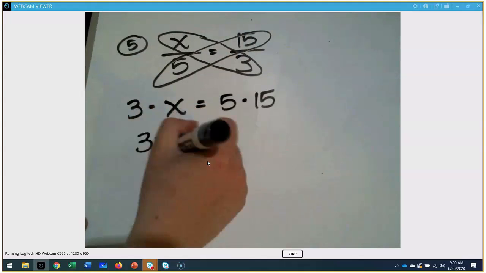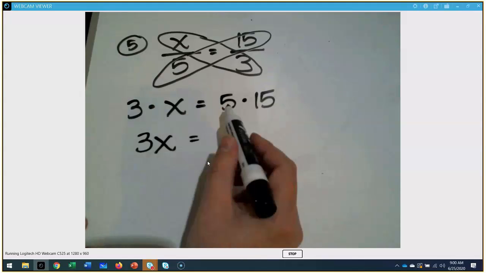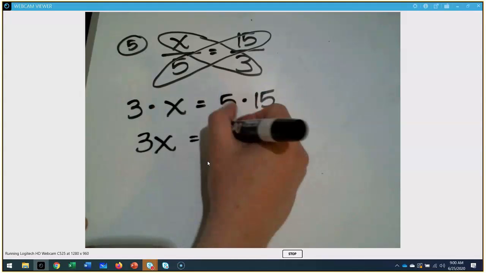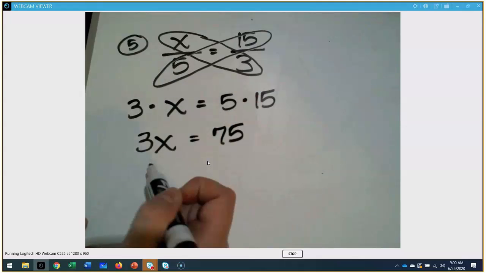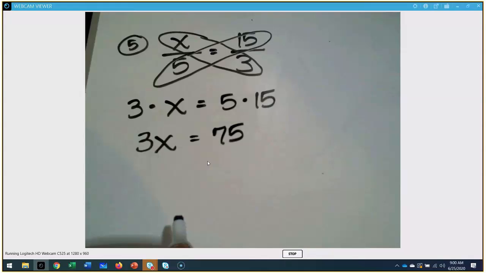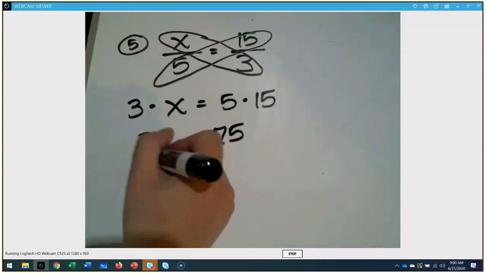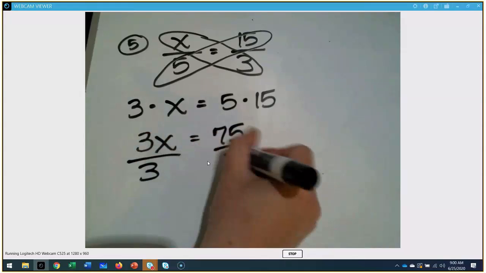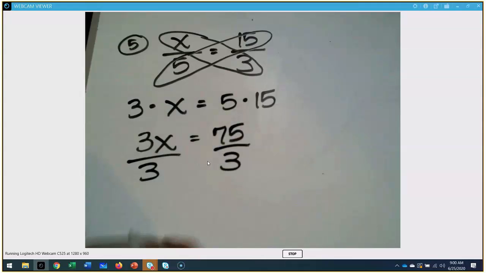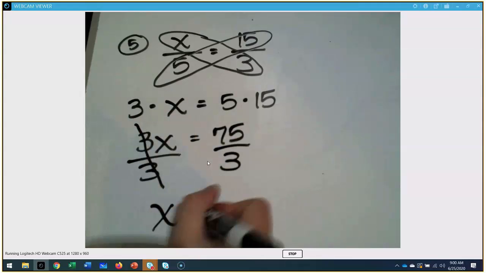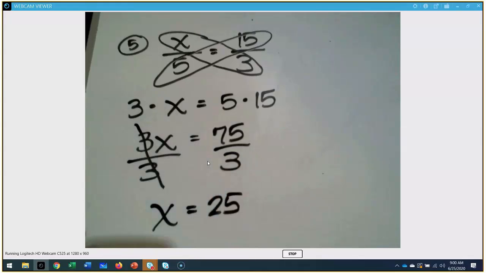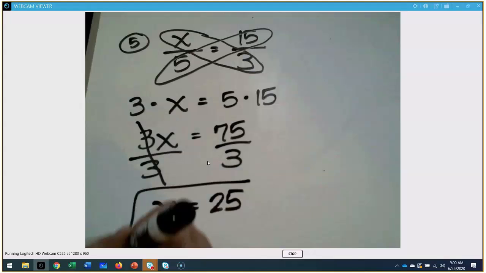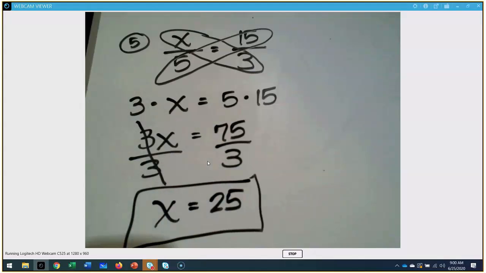That's 3x. 5 times 15 is 75. And then what do I divide by? 3. Yeah, divide both sides by 3 so that this is just an x, and then your answer is 25. 75 divided by 3 is 25.